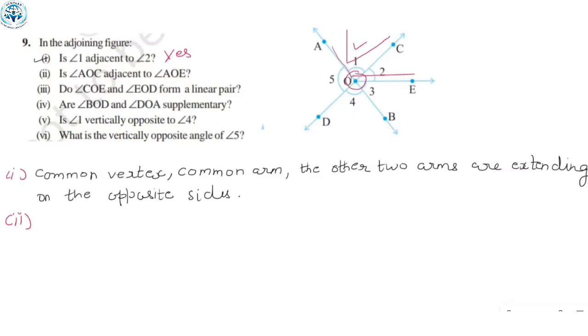This is the common vertex O. Common arm is AO. The two conditions are satisfied. Let's see the third condition.